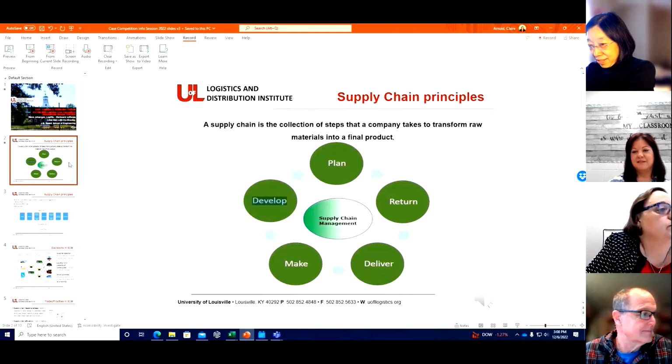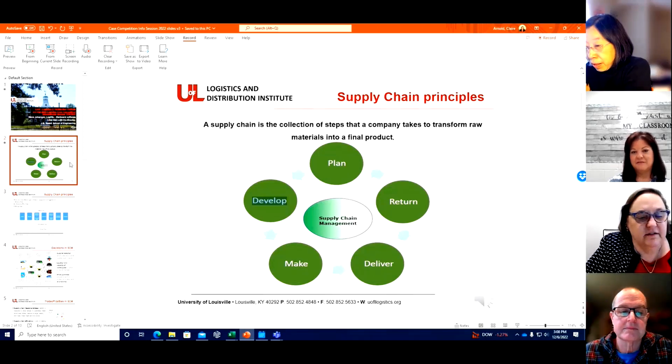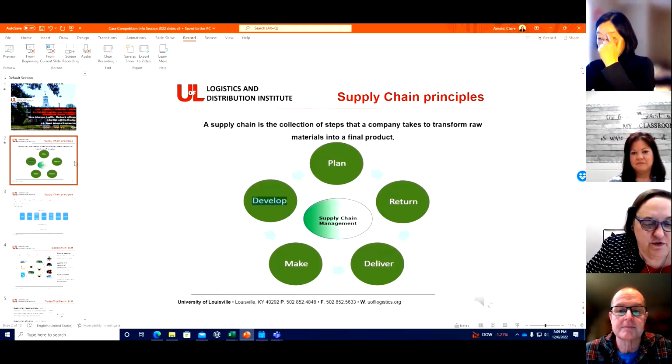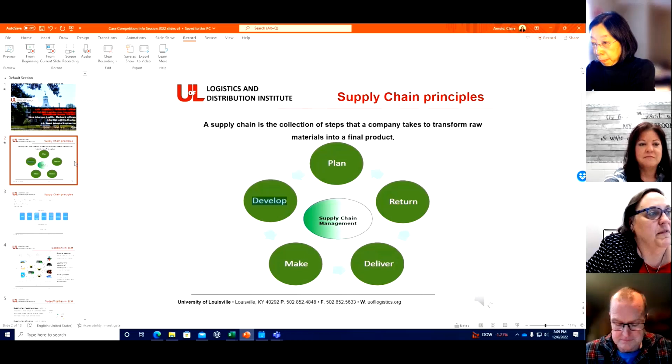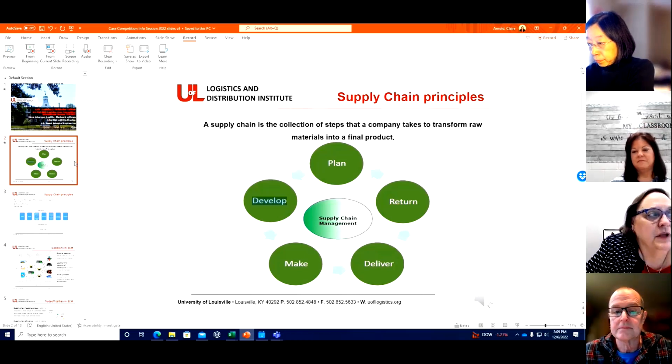We'd like to start out by giving you a little bit of fundamentals in working with the supply chain. It seems that we have all heard the term supply chain during the last few years, but I want to let you know that a supply chain really is a collection of steps that the company takes to transform raw materials into a final product.